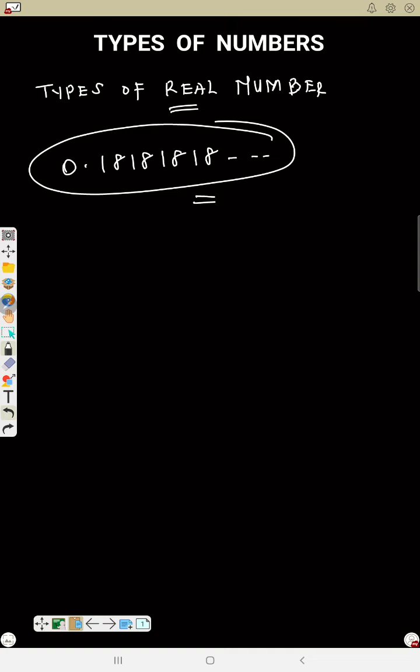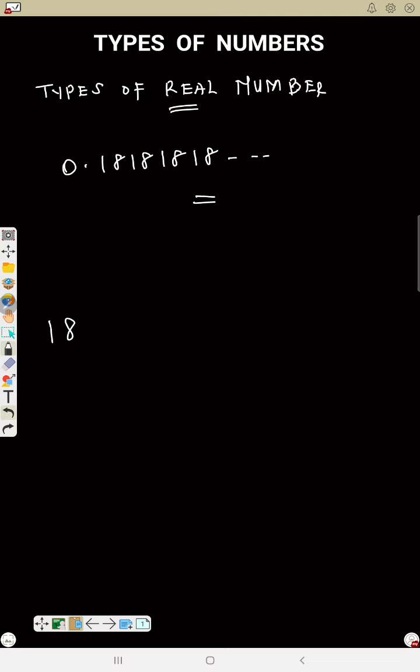To change this number to fraction, how many numbers are repeating here? 2. That is 1 8. We repeat it. 1 8 1 8 1 8. Any numbers that are repeating, write it first. 1 8 divided by, now the first one will be 9, the second one will be 9, so that will be divided by 99. So that means 18 divided by 99.